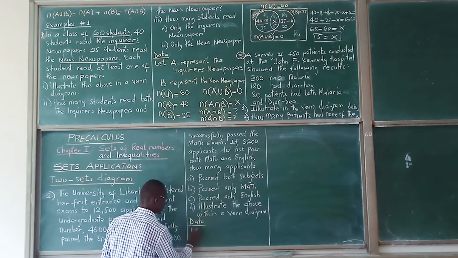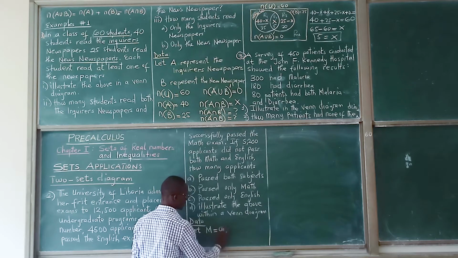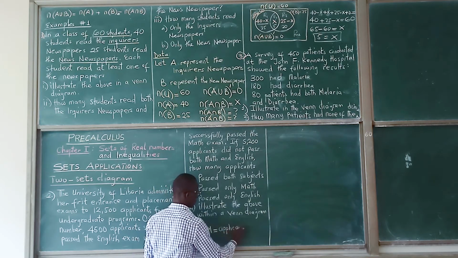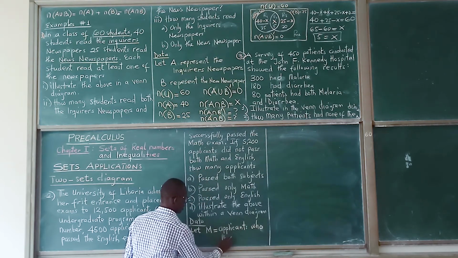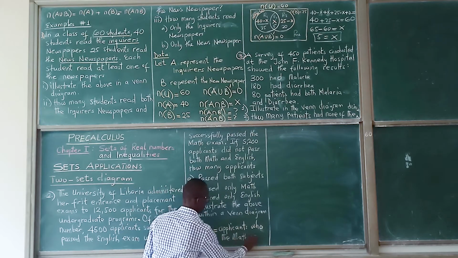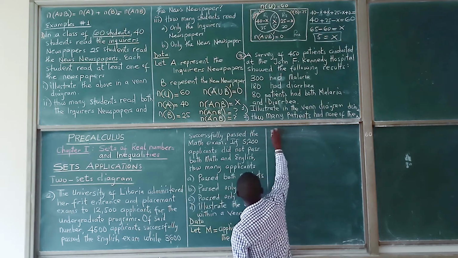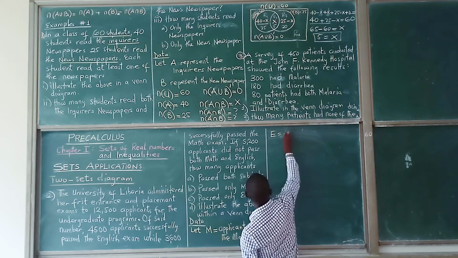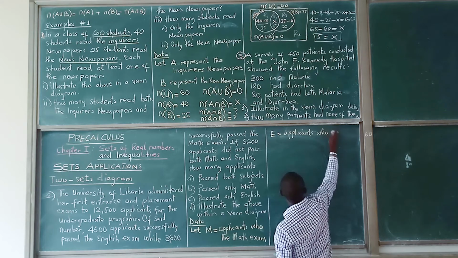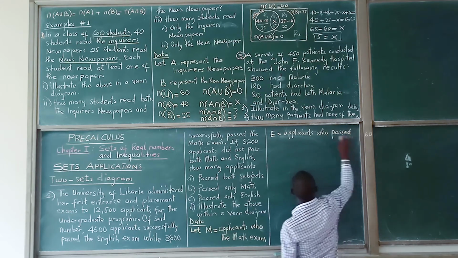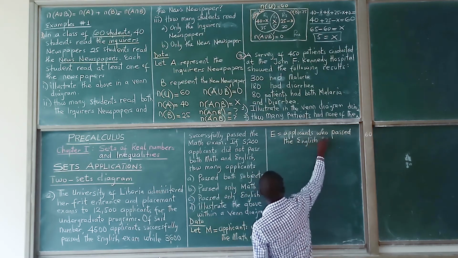So we say let M equal applicants who passed the math exam, and let E equal applicants who passed the English exam.